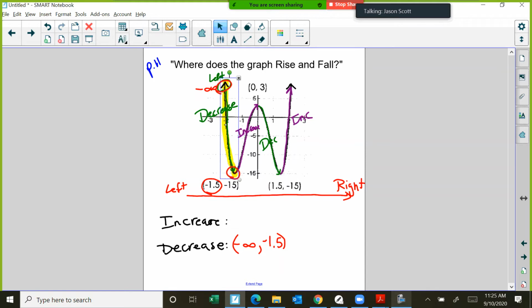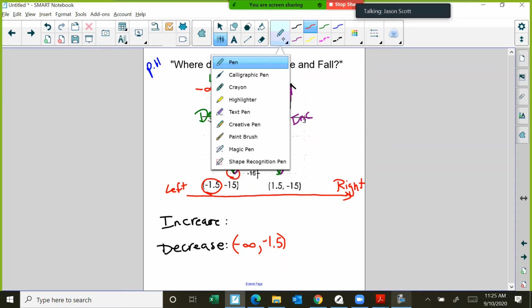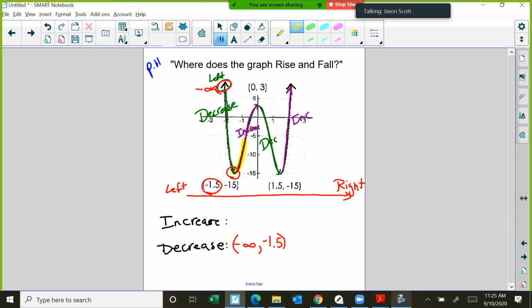I'm going to get rid of the highlighted part so I can highlight a different section. The next part of the graph is this increase section. So when we go to answer, we're going to put our answer here in the increase section because it's going up. Where does this highlighted increase section begin?